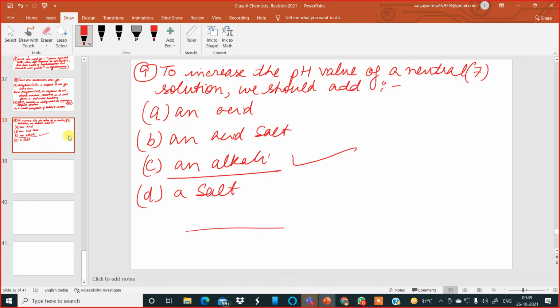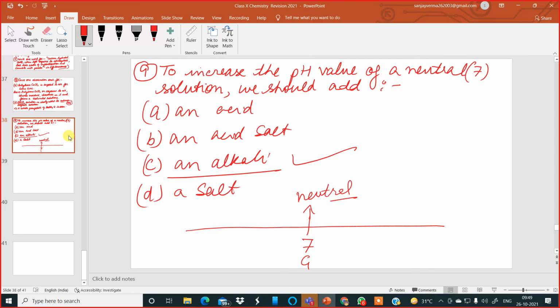If there is a pH scale, this 7 indicates the neutrality of any solution. The color is green. I hope you remember the colors ROYGBIV, which are seen on a universal indicator.